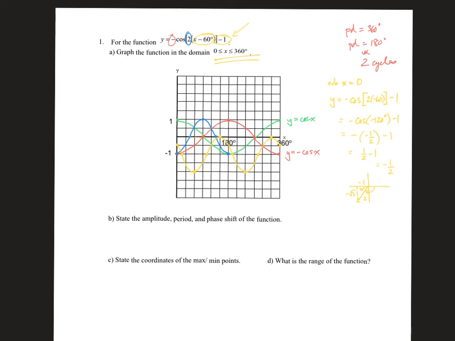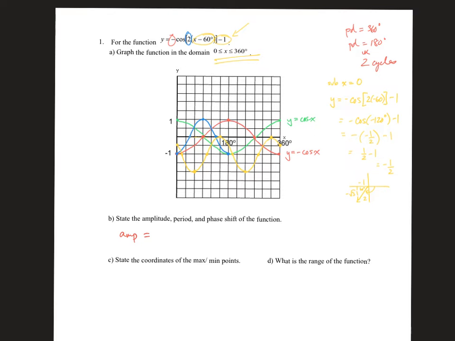As we take a look at question B, it asks us to state the amplitude, the period, and the phase shift. I can do all of that directly from the equation. What is my amplitude? Well, my amplitude is my A value. My A value is negative 1. And so some of us may feel like we should say the amplitude is negative 1.